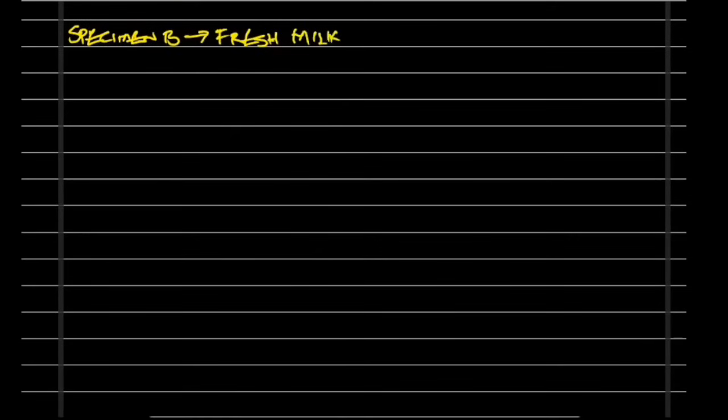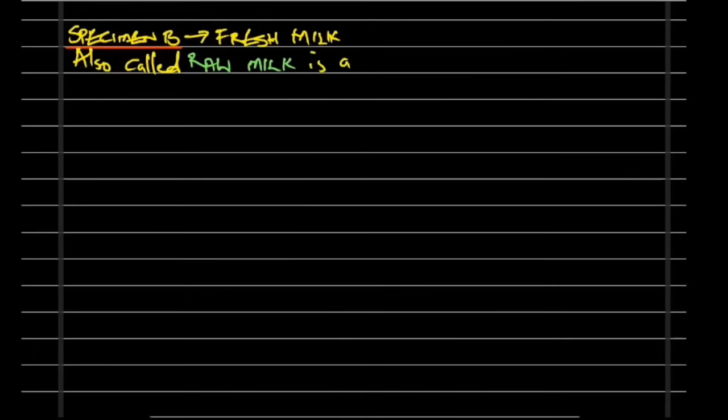That is what we have for our specimen B. So looking at specimen B now, what we will be talking about, fresh milk, also called raw milk, is a dairy product from farm animals.